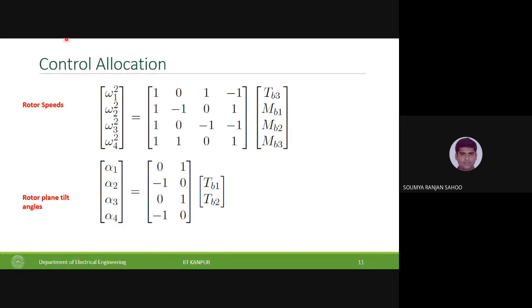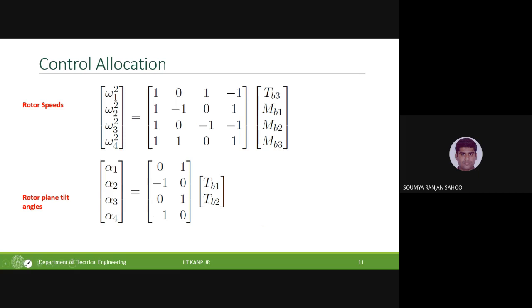So this is a control allocation that you have when your system is fully actuated. Why? Because alpha 1 and alpha 3 are coupled, they are considered as one angle. Alpha 2 and alpha 4 are coupled, so they are considered as one angle. So diagonally opposite rotors will always have tilts of the same angle. So now you have 4 speeds to control and 2 angles to control, so a total of 6 final control inputs that you actually have.